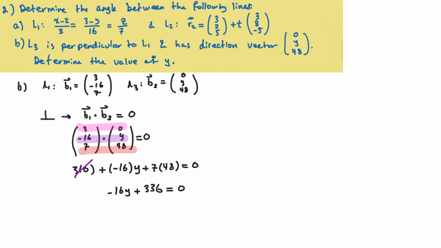I'm going to subtract 336 from both sides to get negative 16y equals negative 336. Now we divide both sides by negative 16 to get our y value as 21. The y value has to be 21 in order for the two lines to be perpendicular.